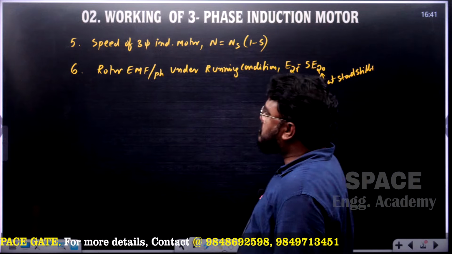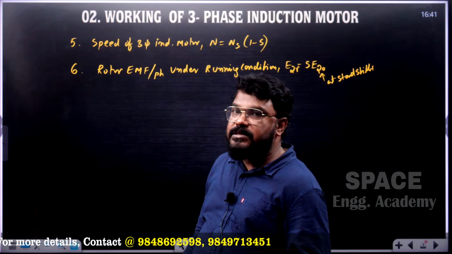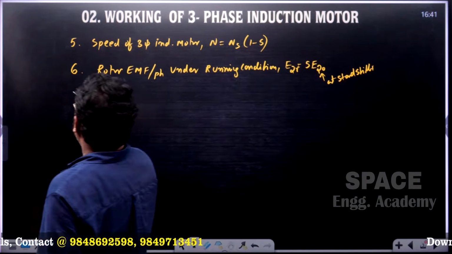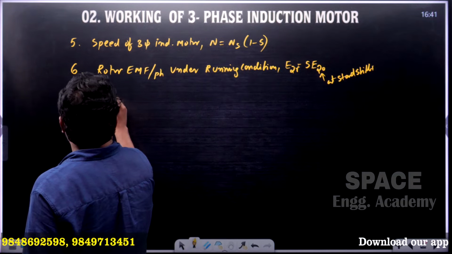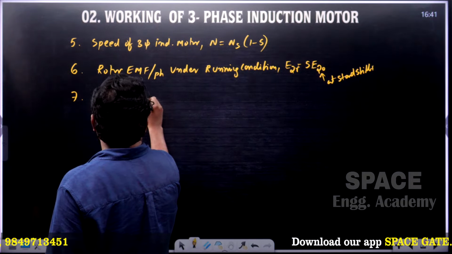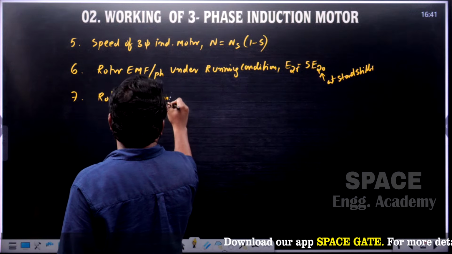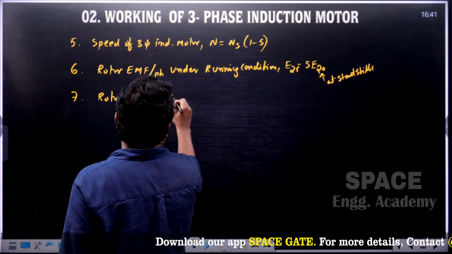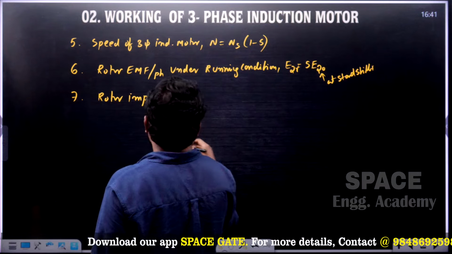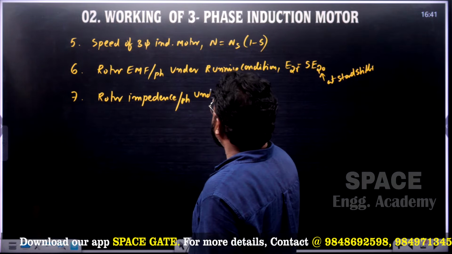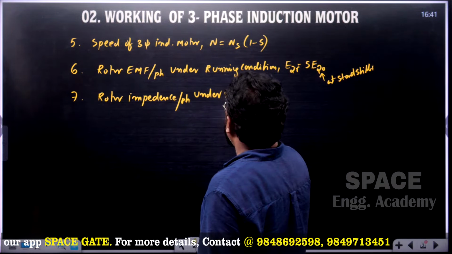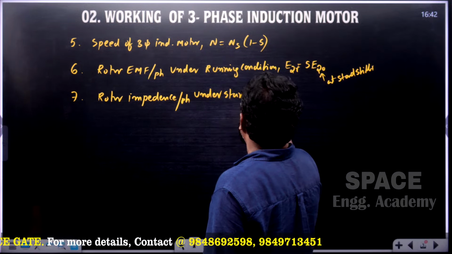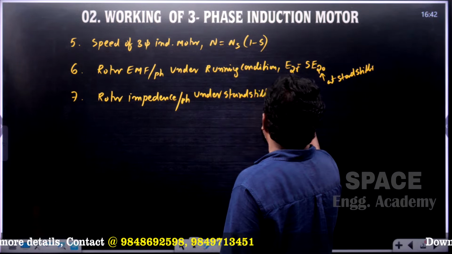Okay, and next, rotor impedance per phase. How do we calculate rotor impedance per phase under standstill condition?